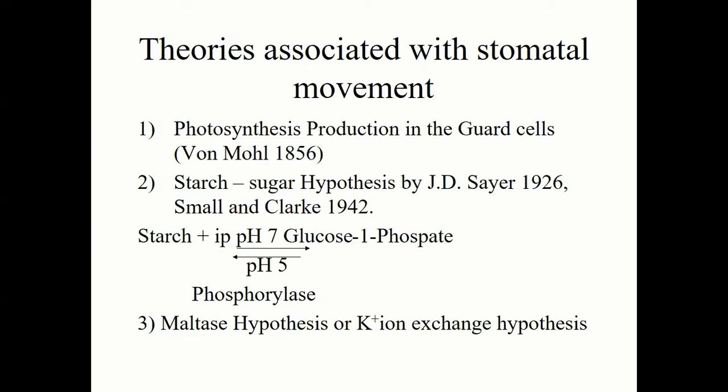And the third hypothesis is called the maltose hypothesis or potassium ion exchange hypothesis. These are the three important hypotheses given by different scientists in order to explain the mechanism of opening and closing of stomata.